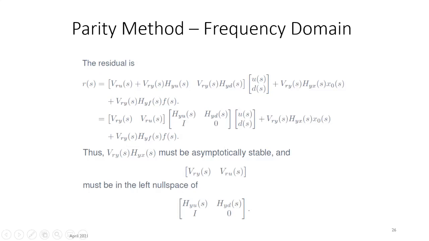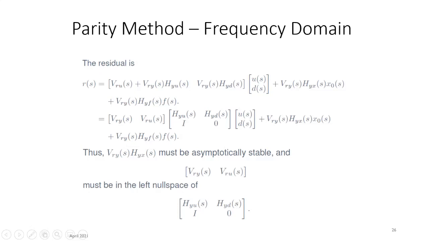So now the first part of this matrix, I can write it as the multiplication of these two. If you notice here, V_R,Y and V_R,U multiplied by this matrix would be exactly what we had here. So it's just a rewriting, but in terms of multiplication of matrices. Again, the residual is this matrix multiplied by that, multiplied by this, plus two other terms.